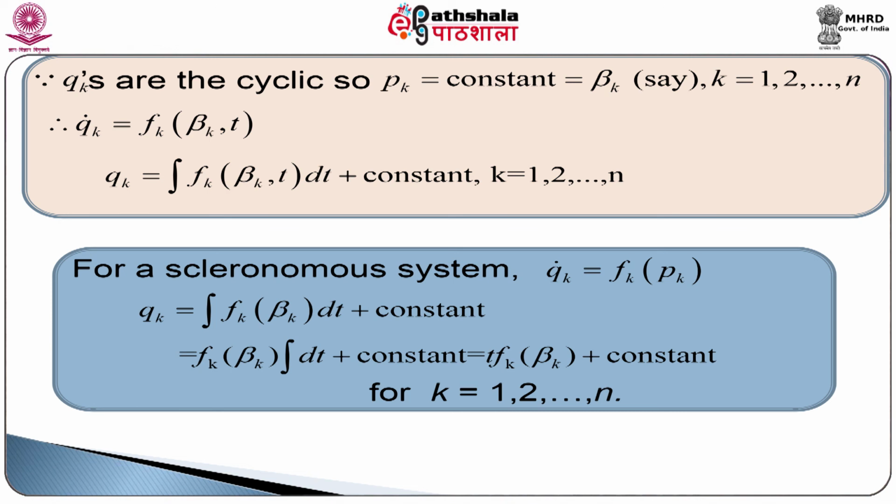Since fk function of beta k is itself constant, we have taken it out before the integration. Thus, we have qk equal to t into fk function of beta k plus constant, for k equal to 1, 2 up to n. So, the coordinates are linear functions of time t, as qk is given by t into a function of beta k.